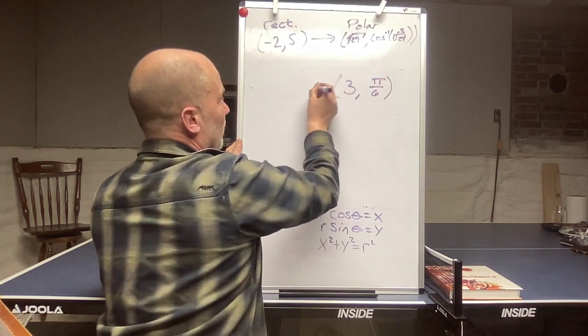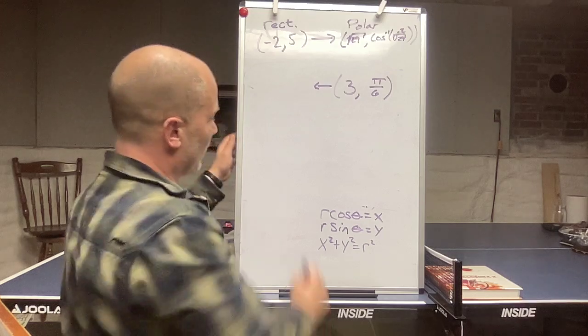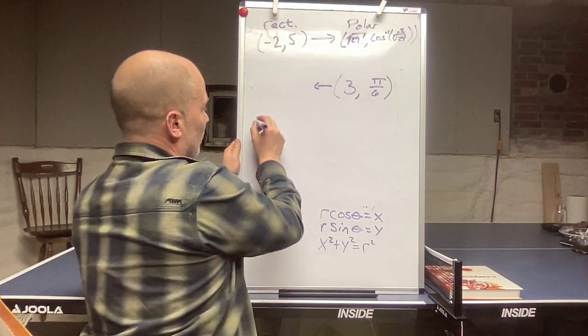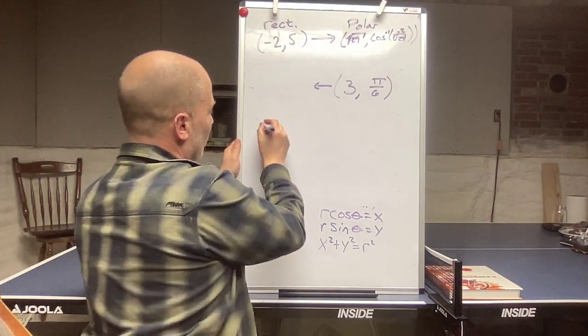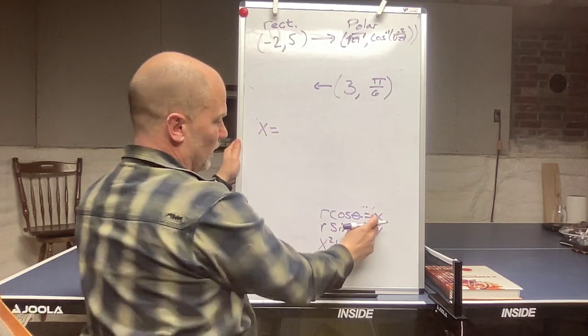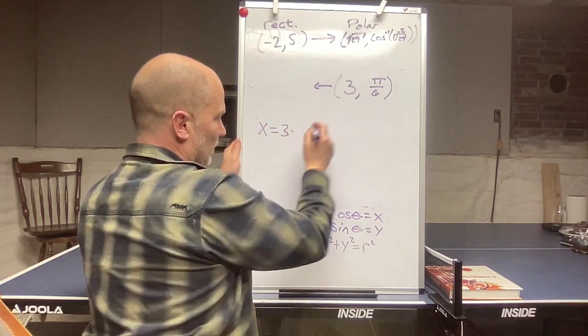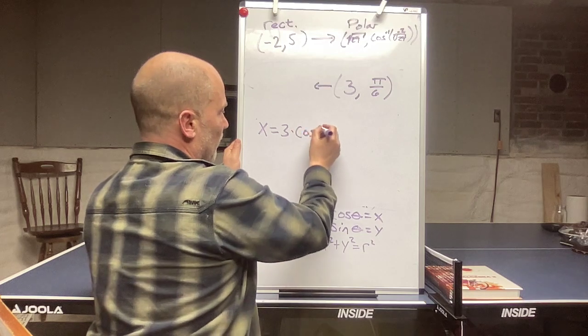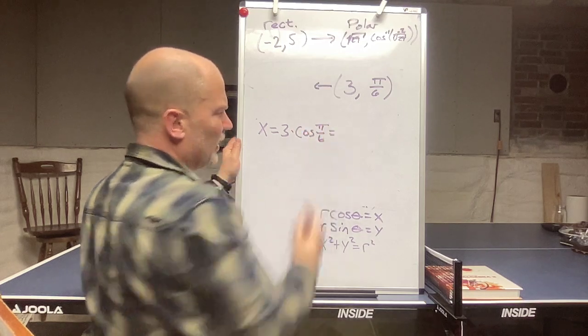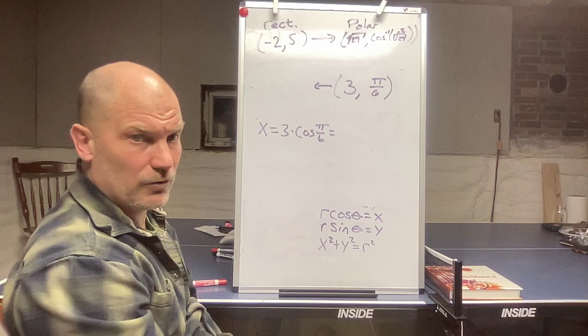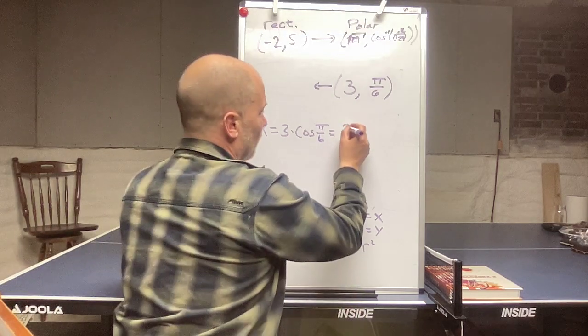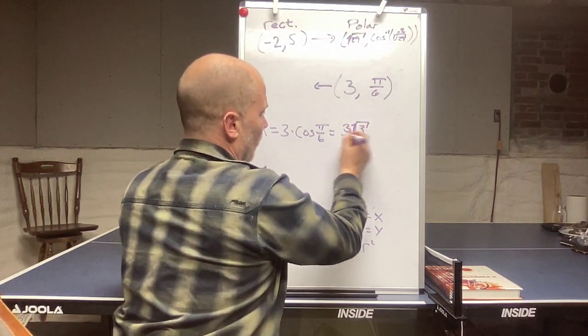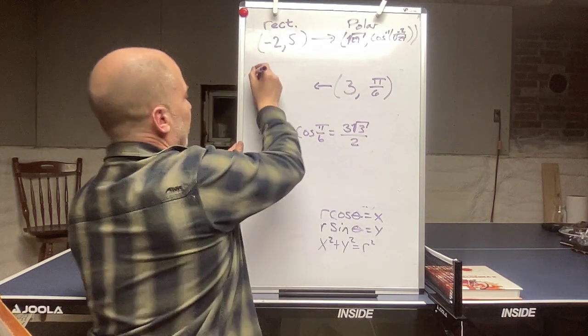We want to convert it back. Well, x is going to be 3 times the cosine of pi over 6. I actually know the cosine of pi over 6. It's root 3 over 2. So 3 root 3 over 2 is my x value.